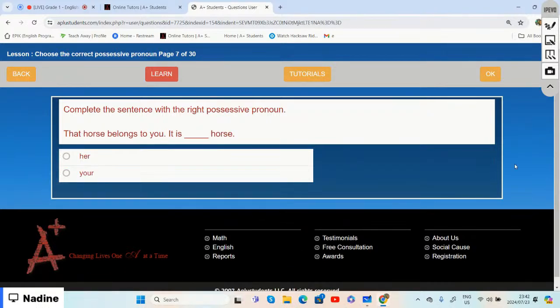It says that horse belongs to you. And if the horse belongs to you, do we say it is her horse, or do we say it is your horse?